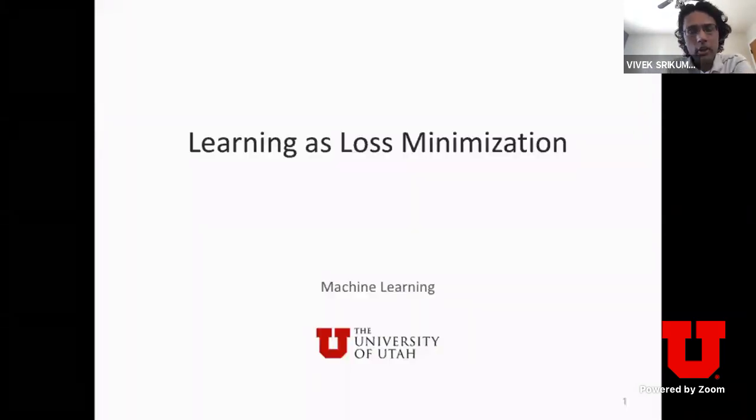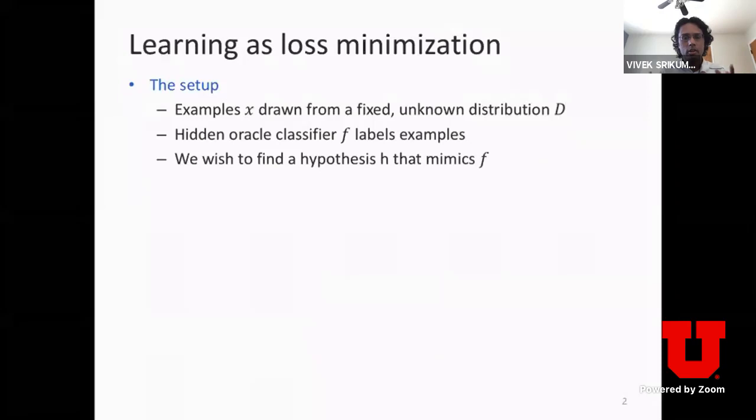All right, so we're going to look at this idea of learning as loss minimization. We've already seen this before, and I just want to put this in perspective so that you have this information in one place. The general idea for treating learning as loss minimization looks like this.